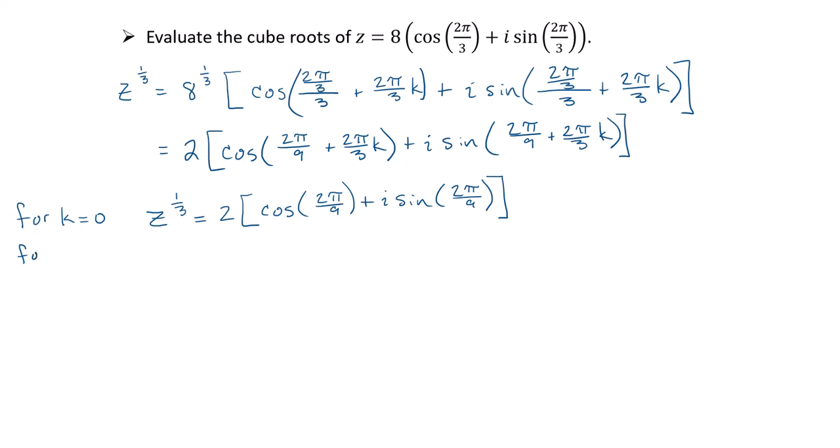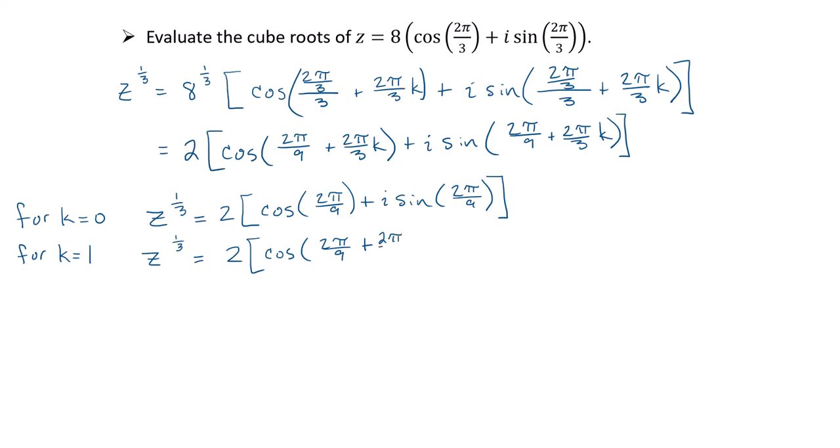And for k equals 1, z to the 1/3 will equal 2 times the cosine of 2 pi over 9 plus, if k is 1, then we'll be looking at adding 2 pi over 3.